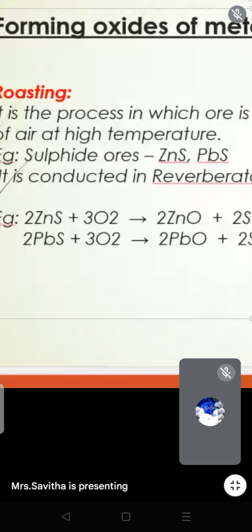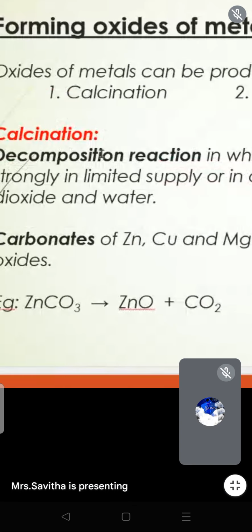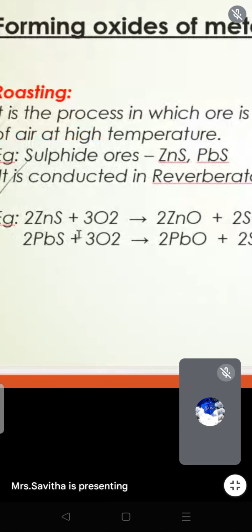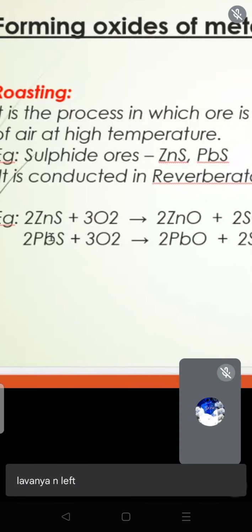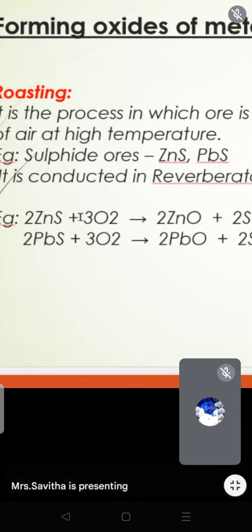Here we are taking sulfide ores, ZnS, PbS. That's a major difference, so that when you write the reaction, you don't get confused. So for roasting, take sulfide ores, and for calcination, take carbonate ore. Here we take ZnS, which reacts with oxygen, forming ZnO plus SO2.